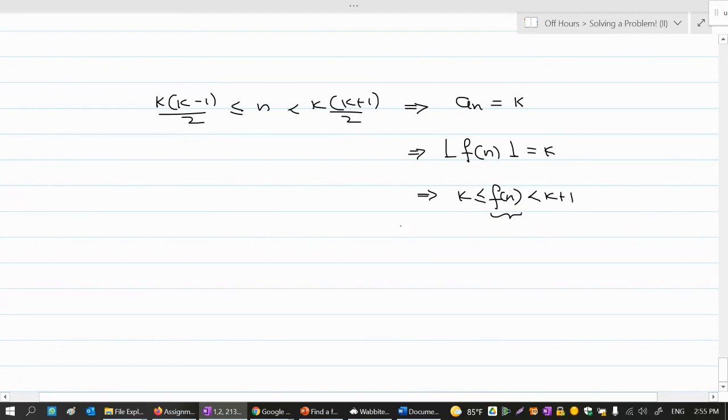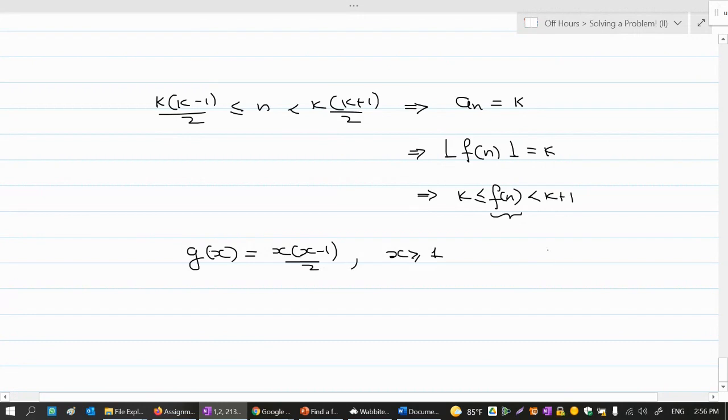But how can we do it? We can do it in a similar way to what we did for the previous example. First, we're going to introduce a function g of x equal to x times x minus 1 divided by 2, where x is greater than or equal to 1.